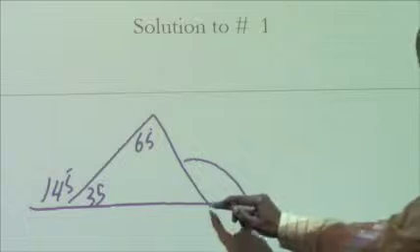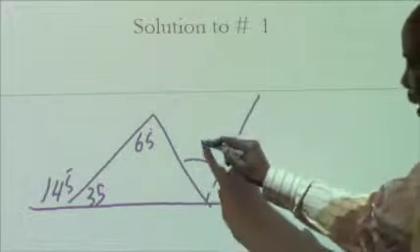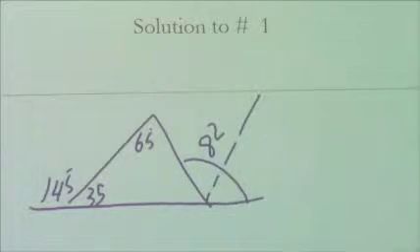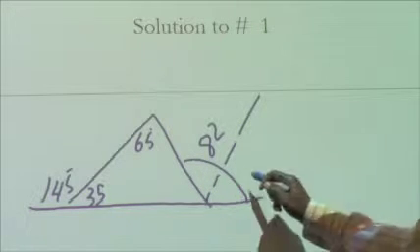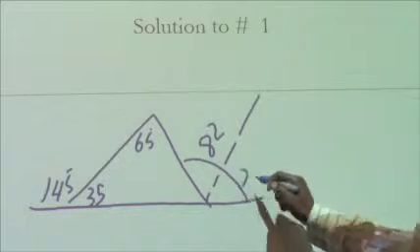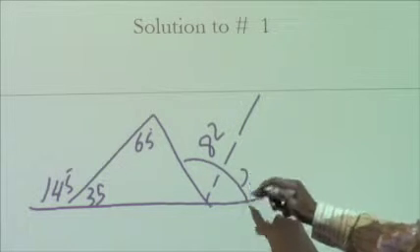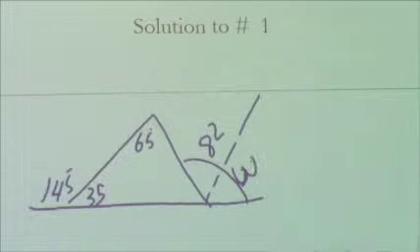But we also already had an angle here that was 82, correct? So there's a portion here that, let me call it W, that I don't know.